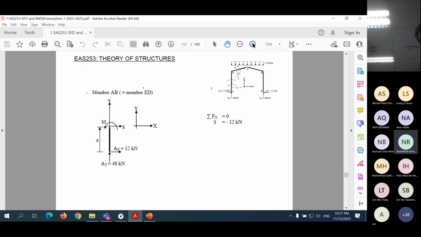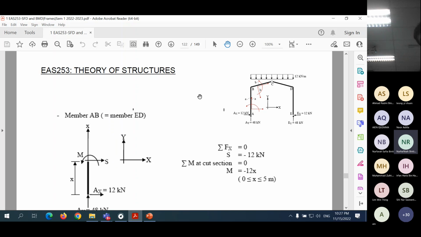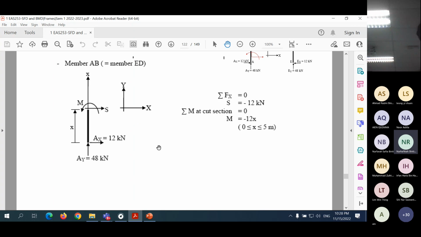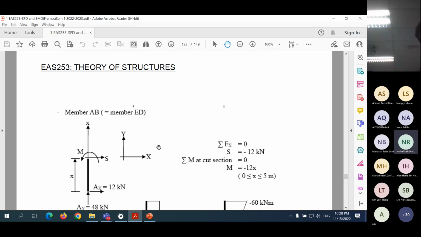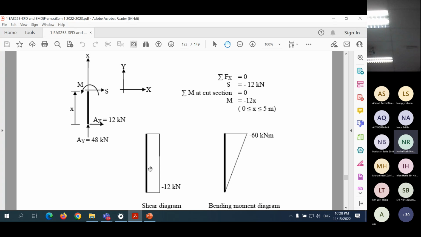So this one shouldn't have any problem. If you try to draw for that part only, this is what we get. Here is negative constant and bending moment is negative 60, a straight line from 0 to negative 60.